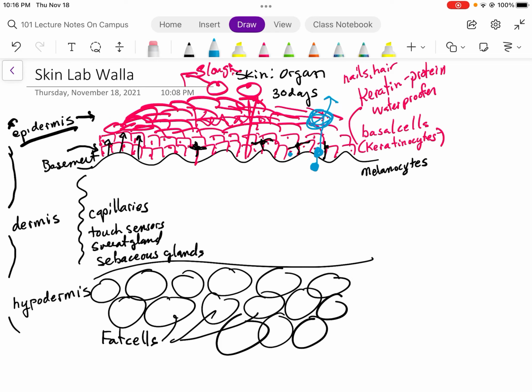My understanding is that we actually end up dyeing these cells right here, the adult stem cells that make daughter cells. Some of the dye will go off in the daughter cells to the surface, and that's why we see tattoos fading over time. But they're permanent because the dye is actually in the cells that aren't migrating to the surface. So that's interesting.